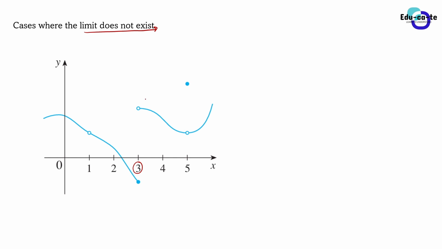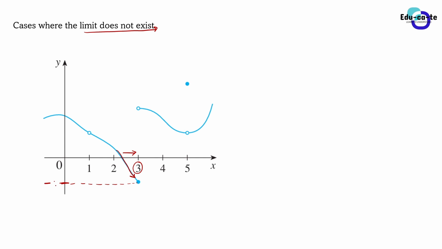So let's do that. If we are approaching 3 from the left on our function, it means we're just going to draw on our function as we're approaching 3. Here we are approaching 3. We look at the y-axis. Which value are we approaching? We are approaching this value. So as x is approaching 3, the y value is approaching whatever value it might be here.